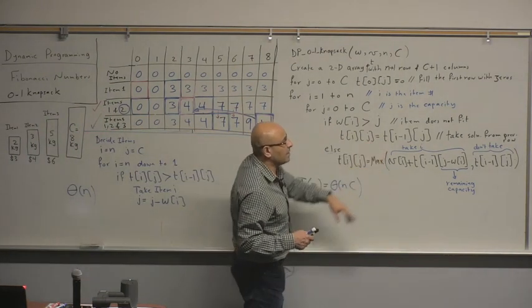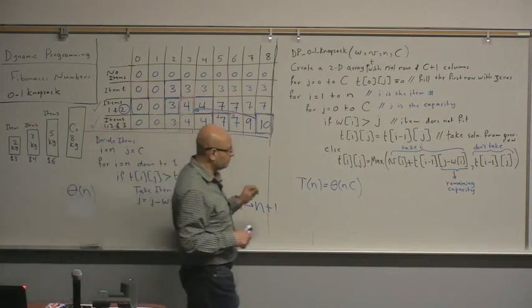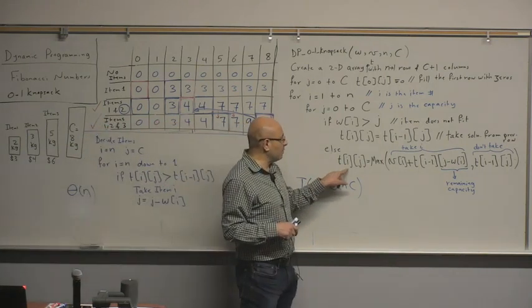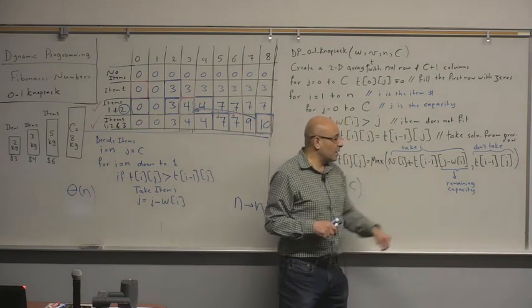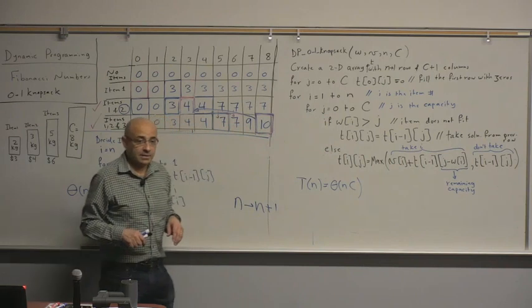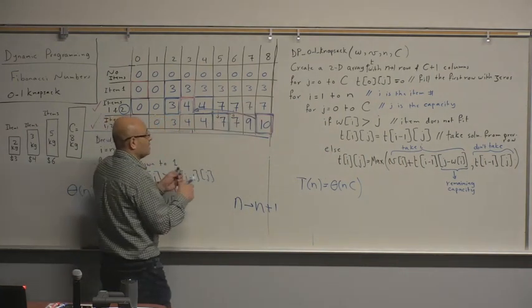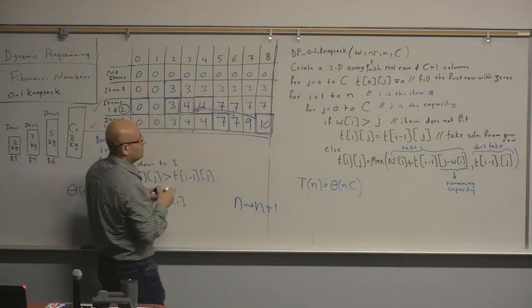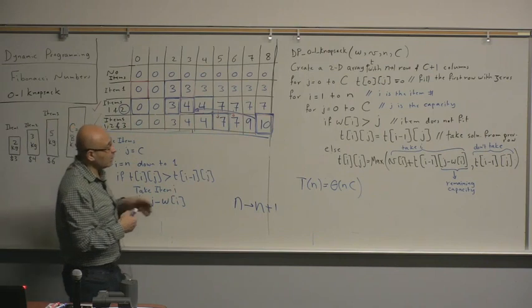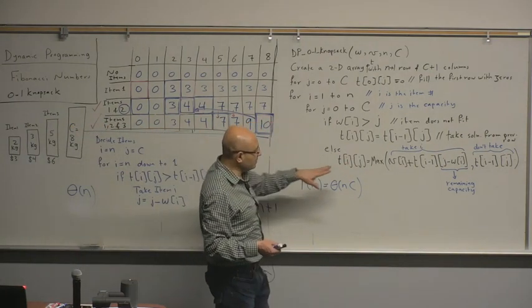These are in fact recurrences, in the sense that they define the value for i and j in terms of smaller i's and j's. So the value of this square for this i and j is defined in terms of this square. In fact, the correctness of this follows from the correctness of this equation.